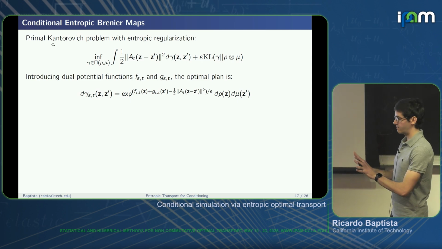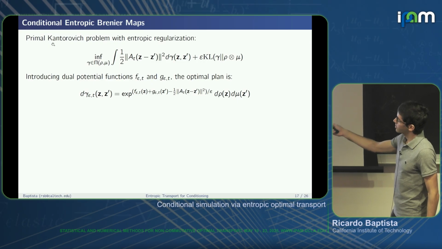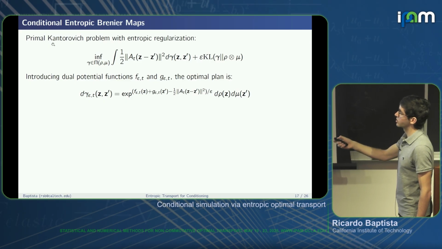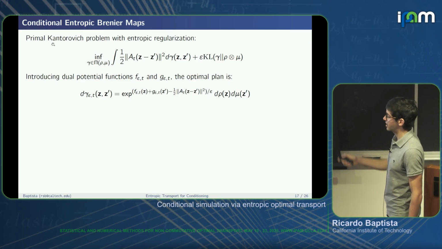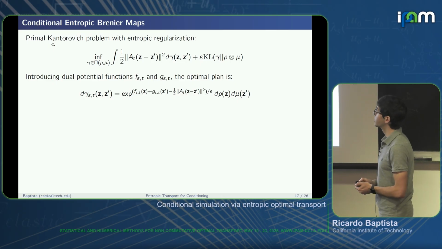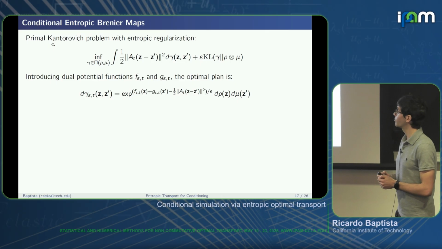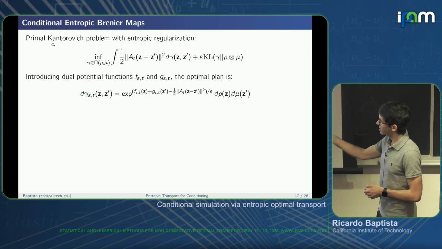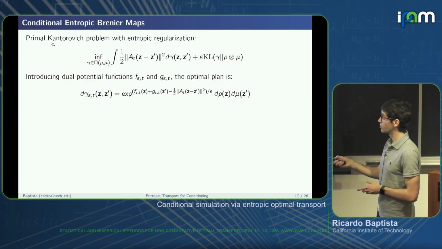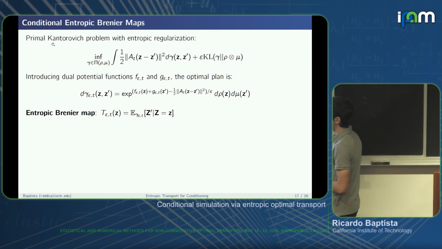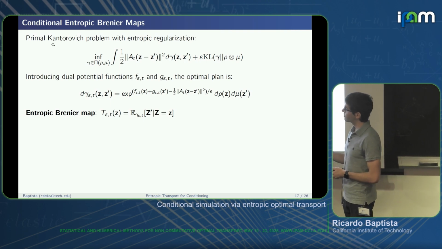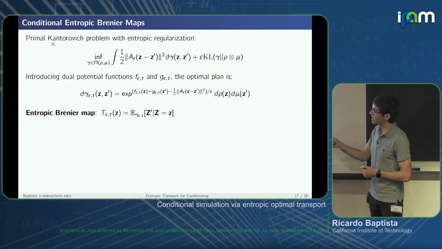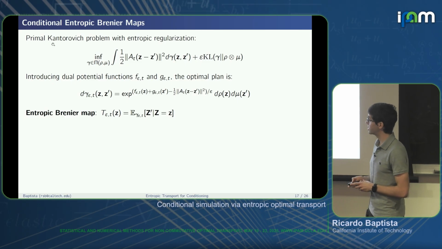But just to set some notation, for the entropic problem of minimizing this rescaled quadratic cost plus this KL term between the transport coupling and the product measure of the source and the target, one can write down explicitly the form of the solution for the optimal plan, and then define the entropic Brenier map, which is given by the conditional expectation of this plan, given a new input z.